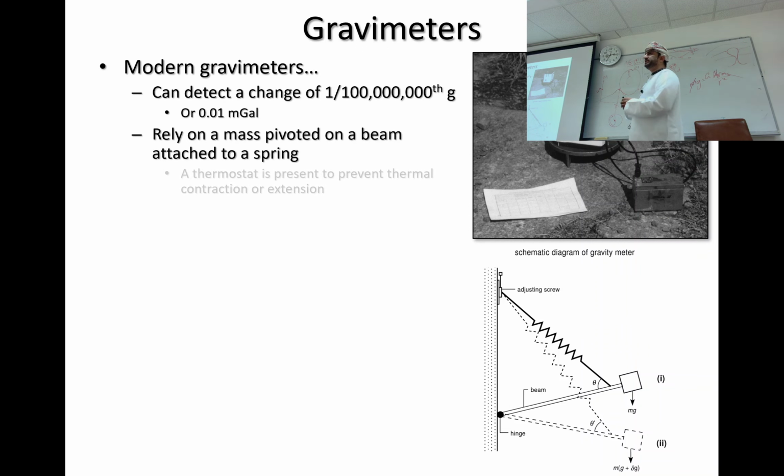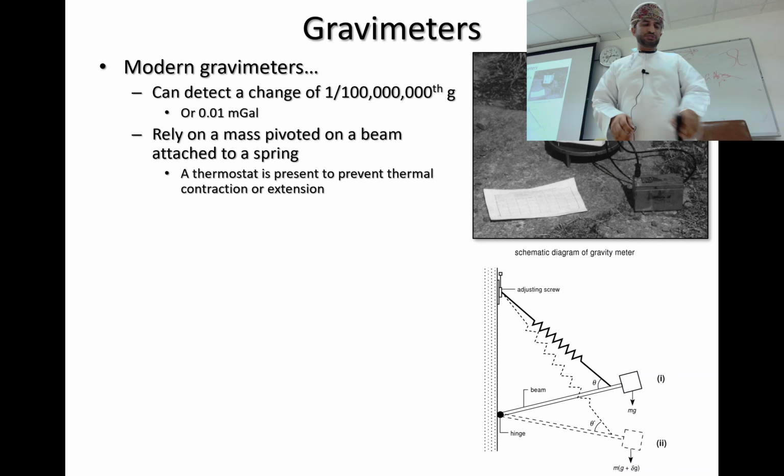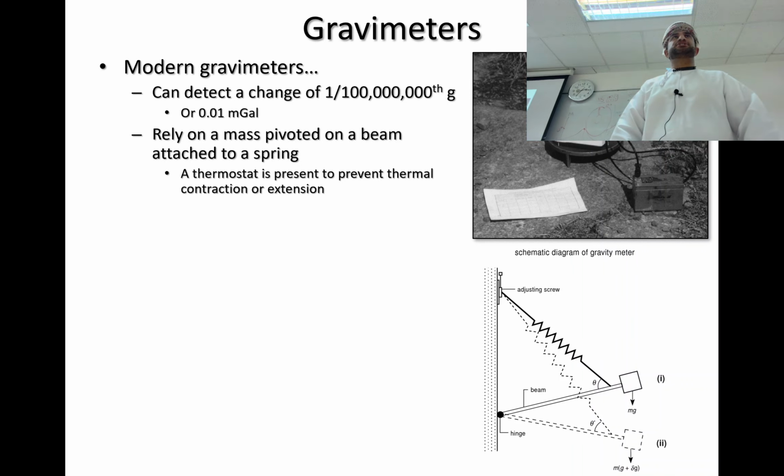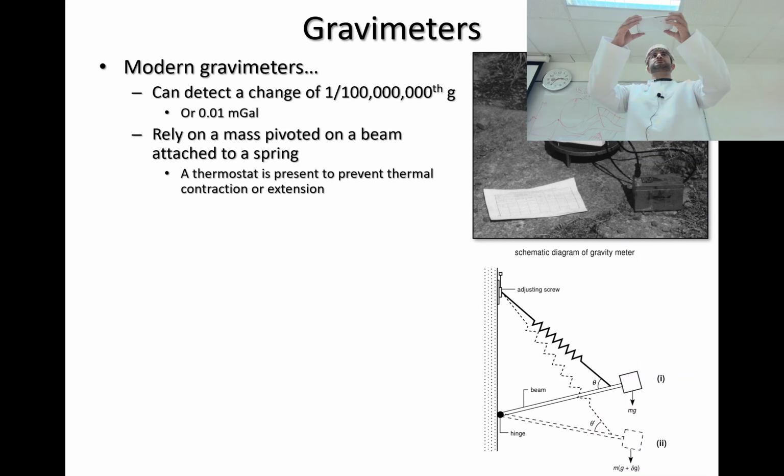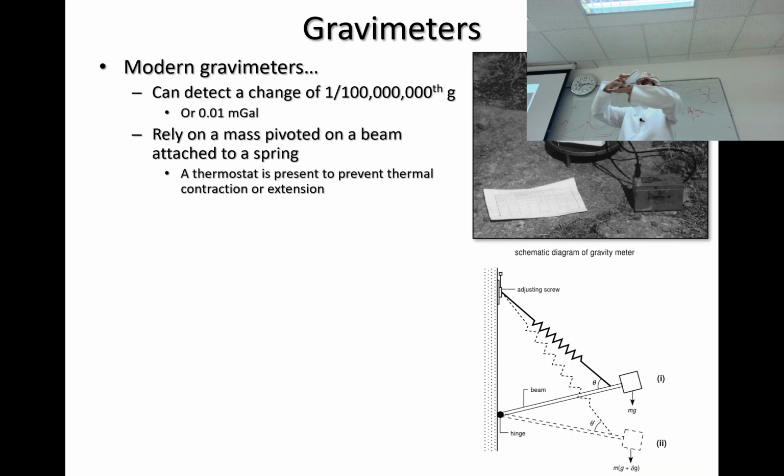Since I'm trying to measure vertical change, let's assume this is the apparatus and that's the surface of the earth. It's placed something like that. Is it fine to take a measurement then?